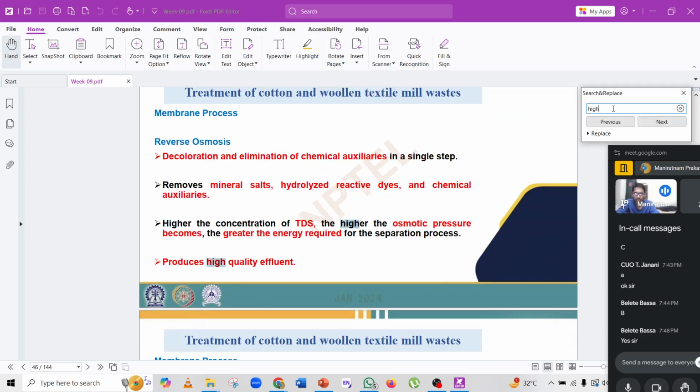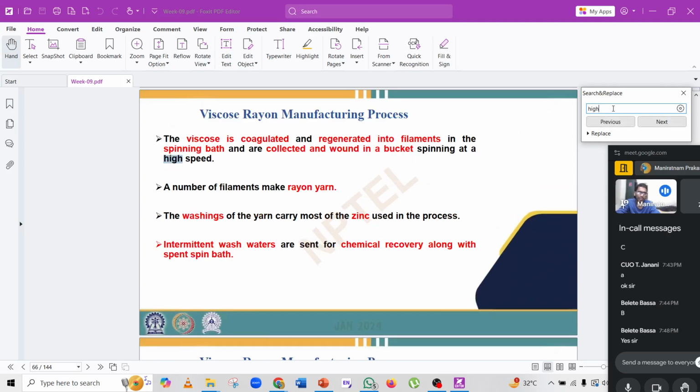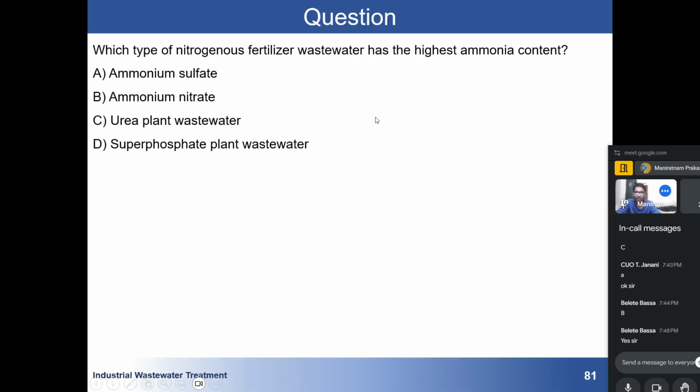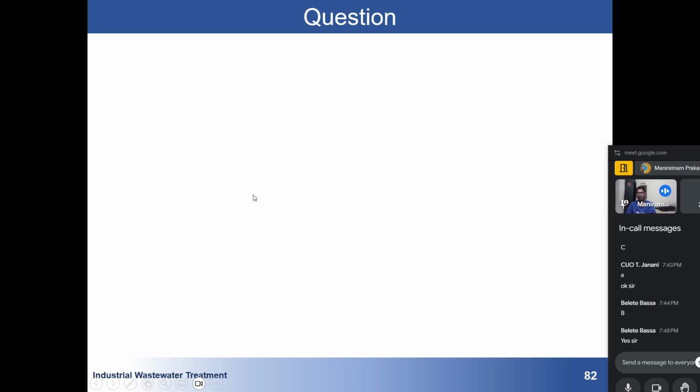Okay, I'm not getting it, but generally this type of urea waste will contain ammonia, because it is directly being produced from urea. But if you look at the production of ammonium sulfate, it is an entirely different thing. Okay? So the correct answer is C, urea plant wastewater.